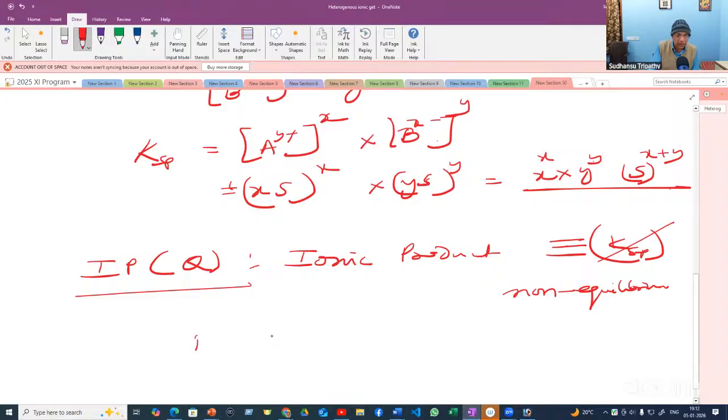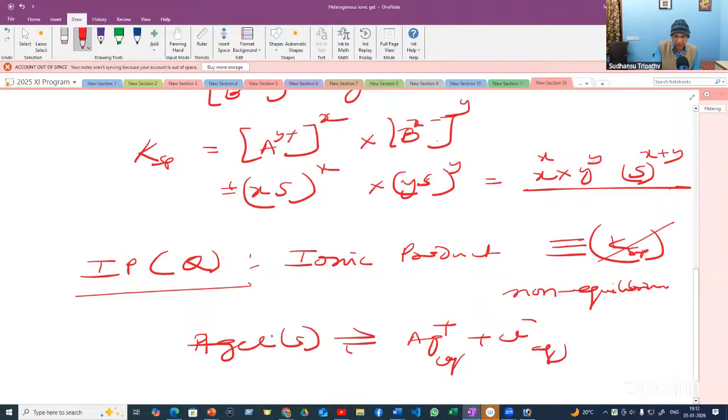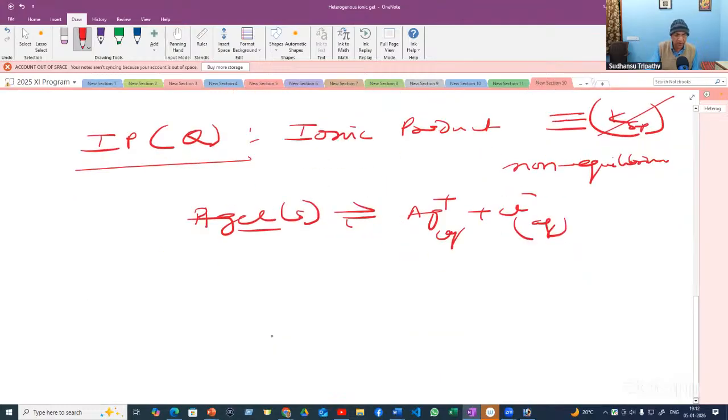Supposing you take the case of AgCl, this is in the aqueous phase and this is in the solid phase, and the Ksp value is fixed. Say Ksp is 10^-10. So in this case, solubility is equal to 10^-5 moles per liter.